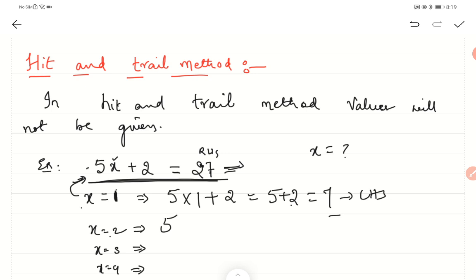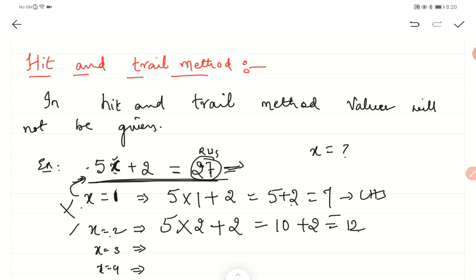Instead of x you are putting 2 here. So 5 into 2 plus 2, this is 10 plus 2, so we are getting 12, but here it is 27.